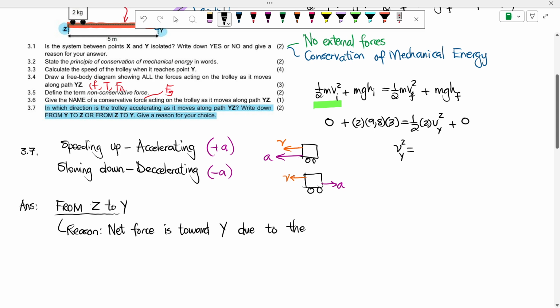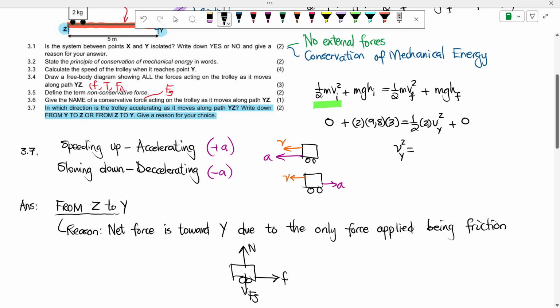I don't know if you see it now. Because if you draw the free body diagram of this thing now, it's gonna look like this. It's gonna be normal, obviously. There's gonna be Fg, obviously. But there's another force now called friction, which is opposing the motion. So now your F net equal to ma is only going to have friction there, which is a negative force. This is what makes acceleration to be negative.